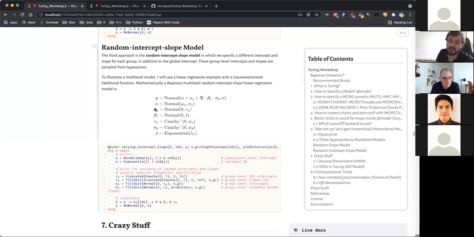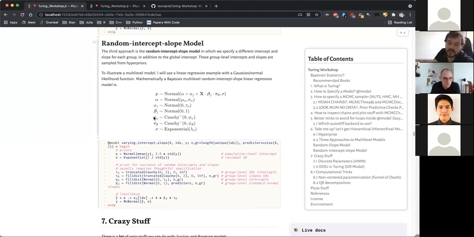This is like the mix of those earlier two approaches. I have the alpha j's and the beta j's, so I have to specify two hyperpriors, tau alpha and tau beta, and then I do a mix of those here. The linear predictor has more entries, but it's the same logic. This is how I would specify a random intercept-slope model in Turing.